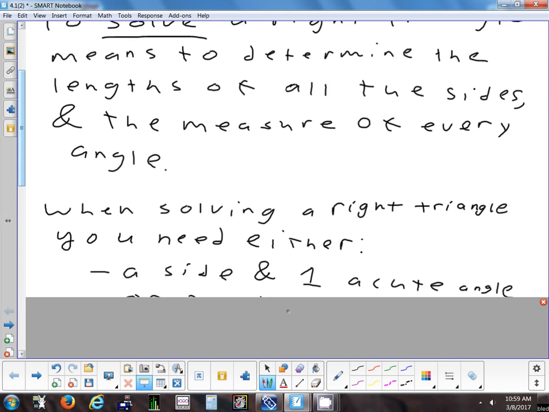Or, does anybody know what else they could tell you besides another side and another angle? Anybody think, what other combinations of things could they give you? Kristen? So like a side and what else?